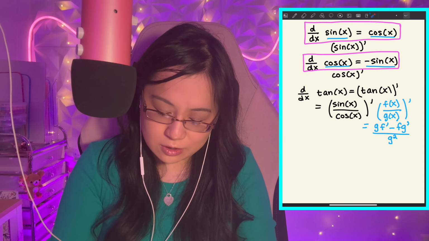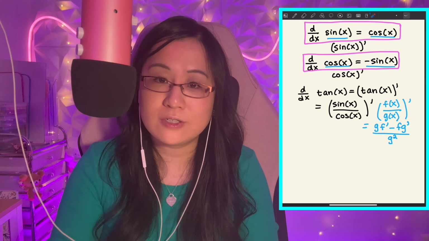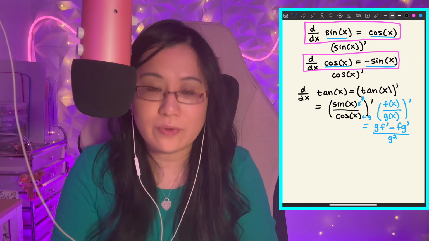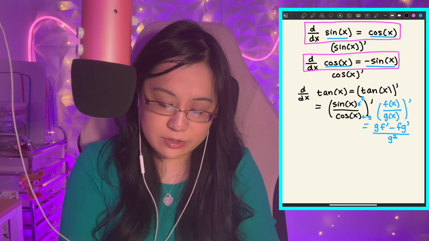So low, the bottom function, d high, the derivative of the top, minus the top function times the derivative of the bottom, over the bottom function squared. Okay, so let's just apply this. The top function is f, the bottom function is g.